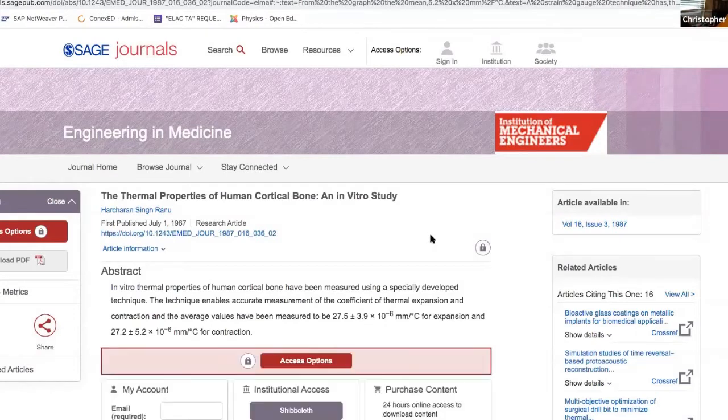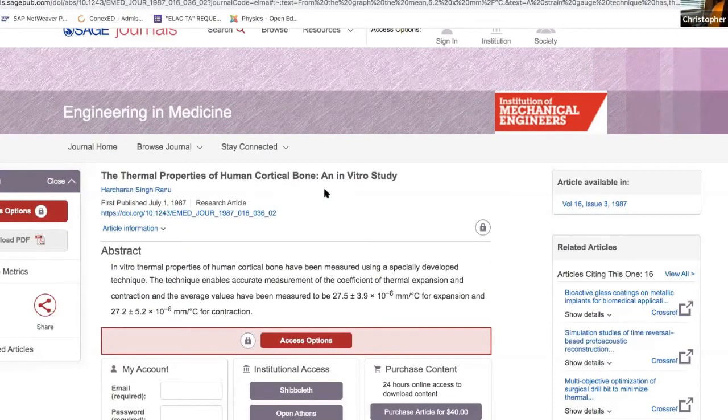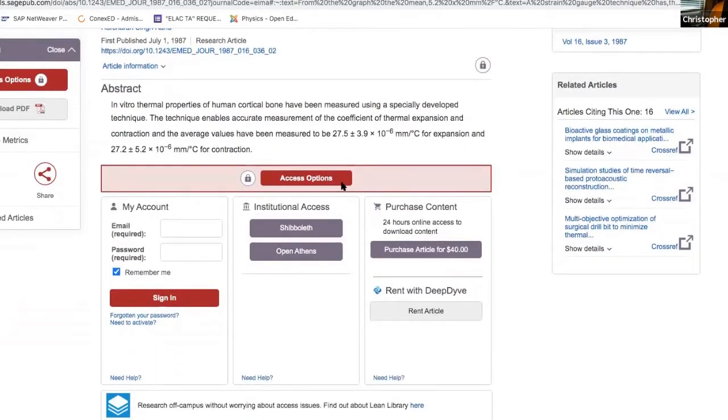This is biological physics now. Thermal properties of human cortical bone. Okay. The technique enables accurate measurement of coefficient of thermal expansion and contraction. The average values have been measured to be 27 plus or minus 3.9 for expansion and 27.2 for contraction.